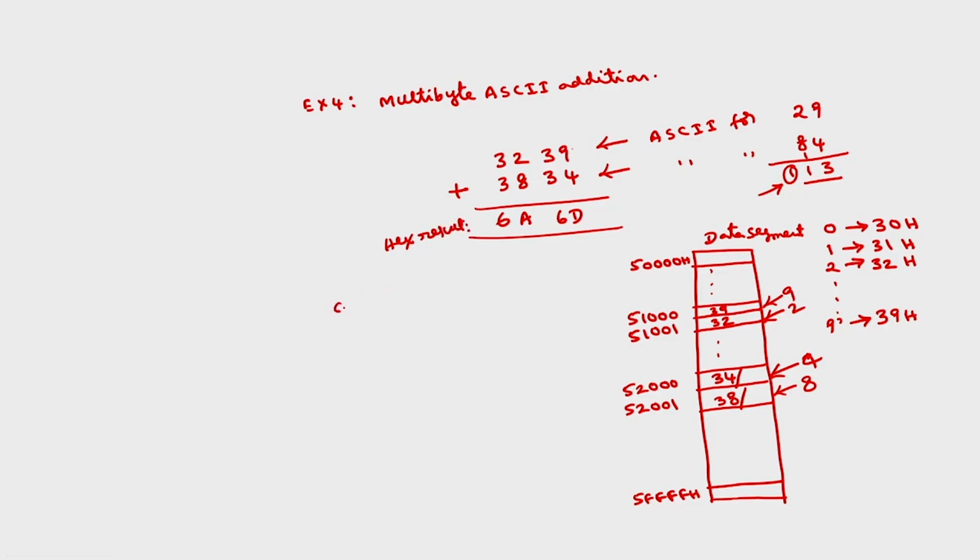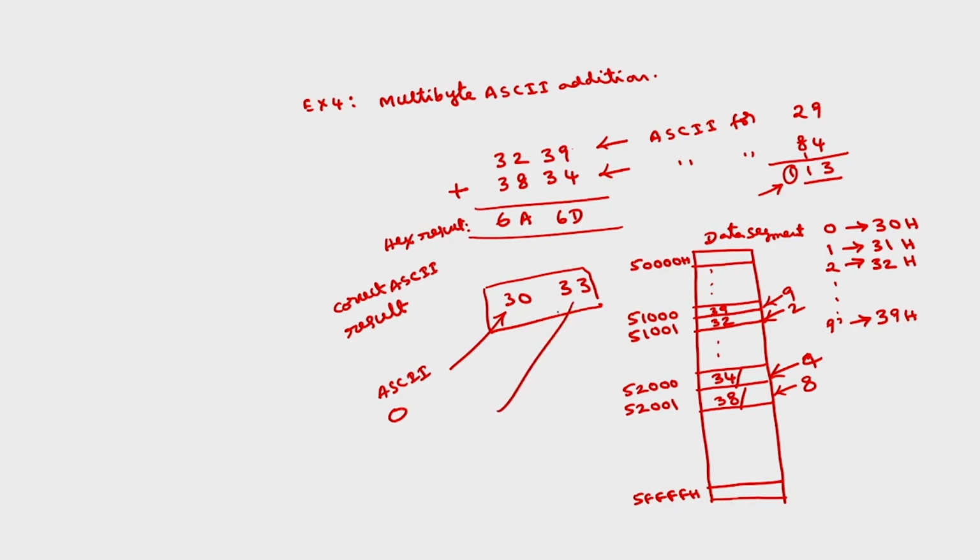What is the correct ASCII result? 9 plus 4 is 13, so the carry flag will be set, and this will be 3, meaning 33. 8 plus 2 is 10, which is 1 0, carry flag set, 0 means 30. This is the correct result that I want to store: the ASCII corresponding to 0 and the ASCII corresponding to 3.